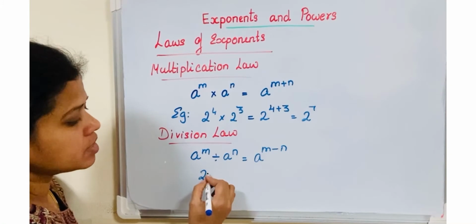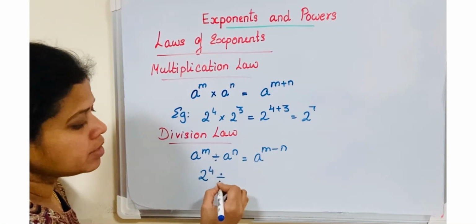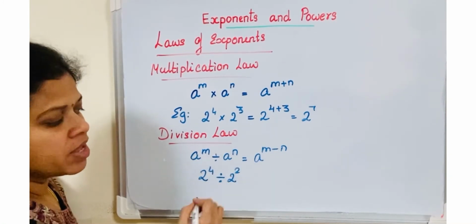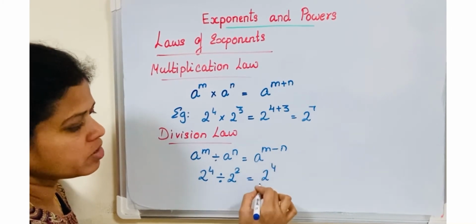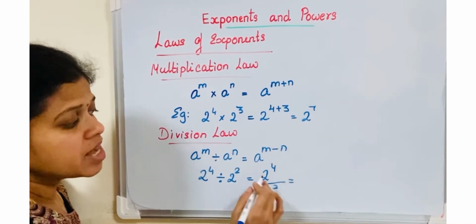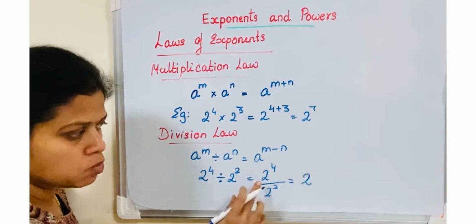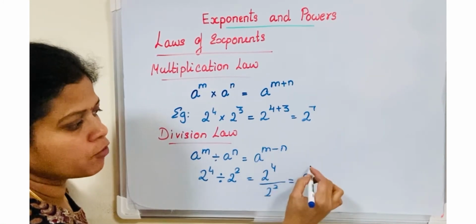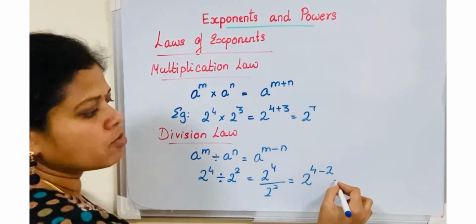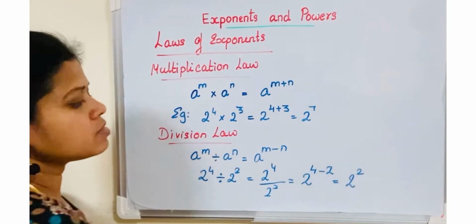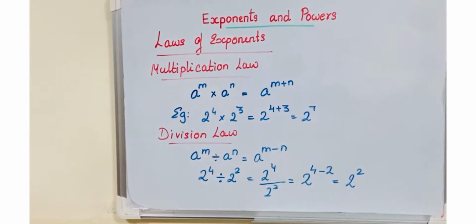Example: if it is 2 power 4 divided by 2 power 2, take the common base, which is 2, and the exponents are 4 and 2. Just subtract the exponents. So it is 2 power 2. This is the second law, the division law.